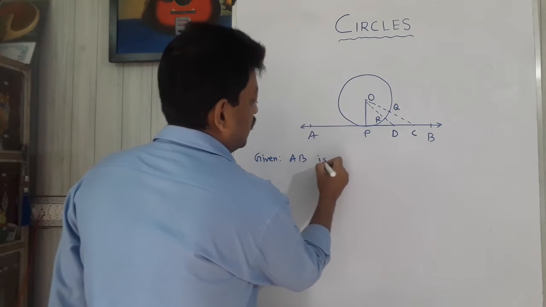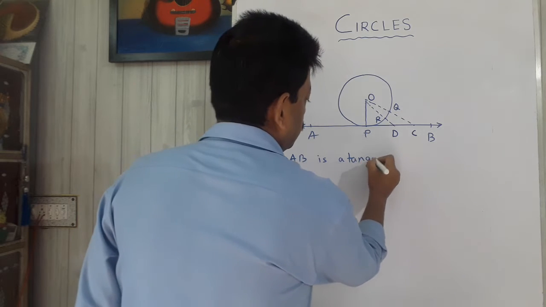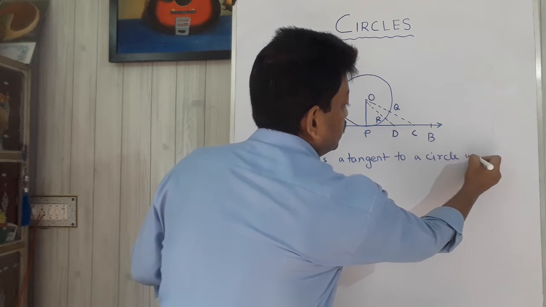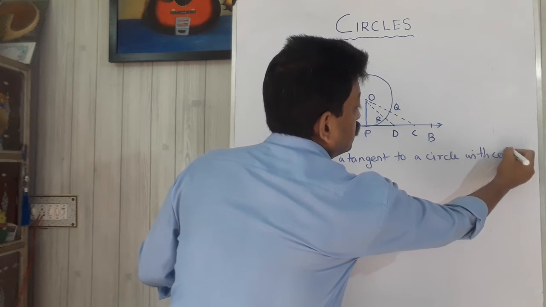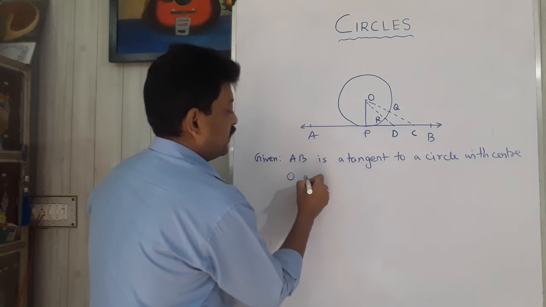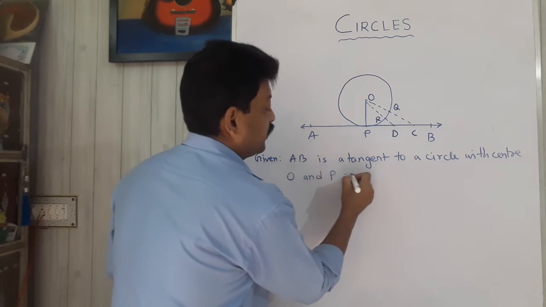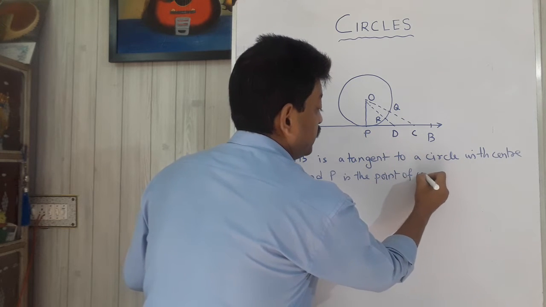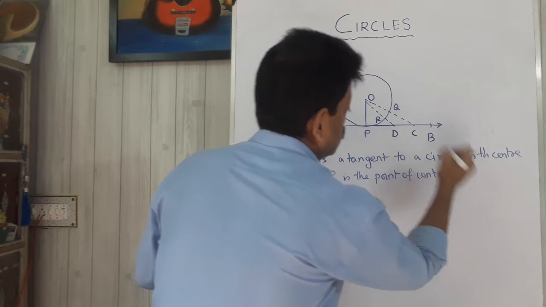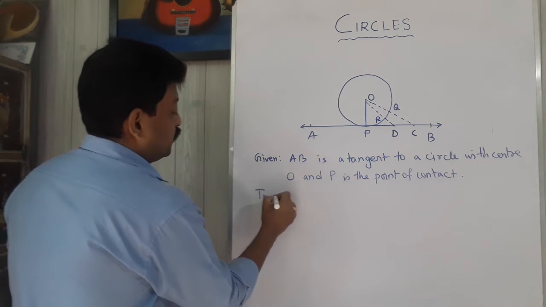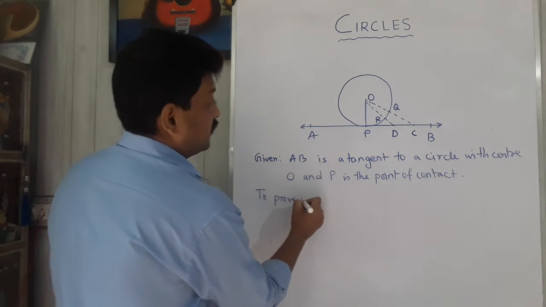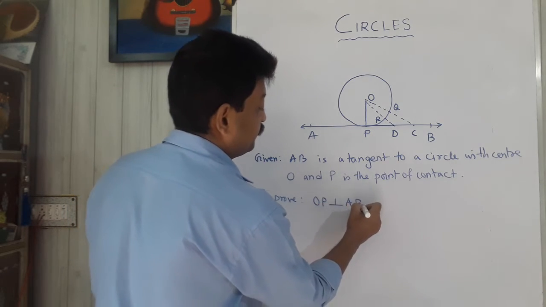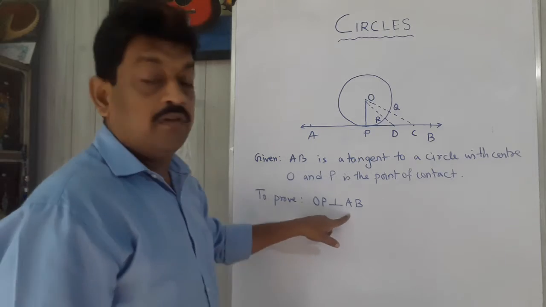What we have to prove? We have to prove that OP is perpendicular to AB.